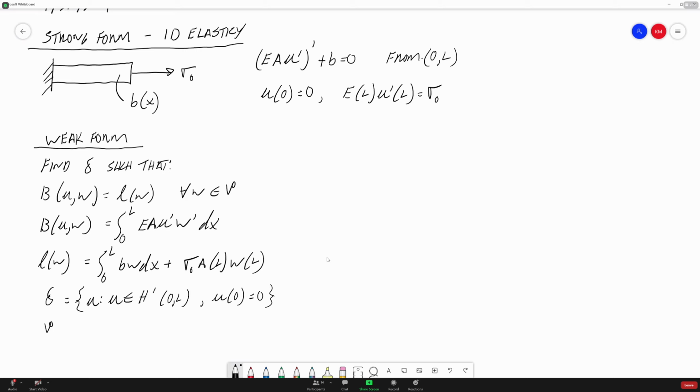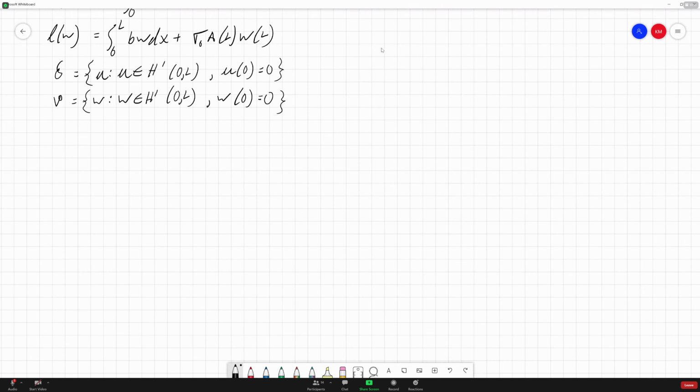And in this funny V space, our weighted space, W, our weighting function, is also H1 continuous from 0 to L, where we're saying that the weighting function at 0 is equal to 0. That's our weak form.